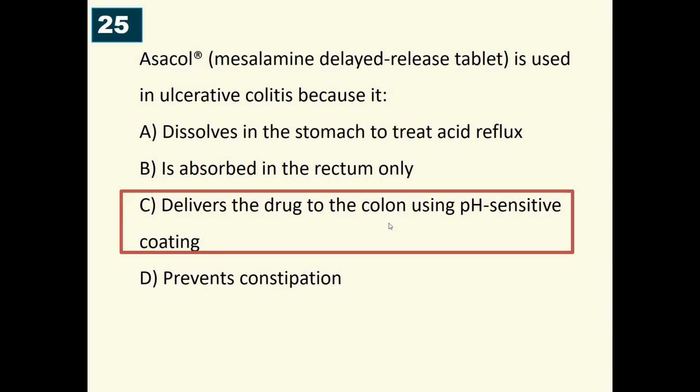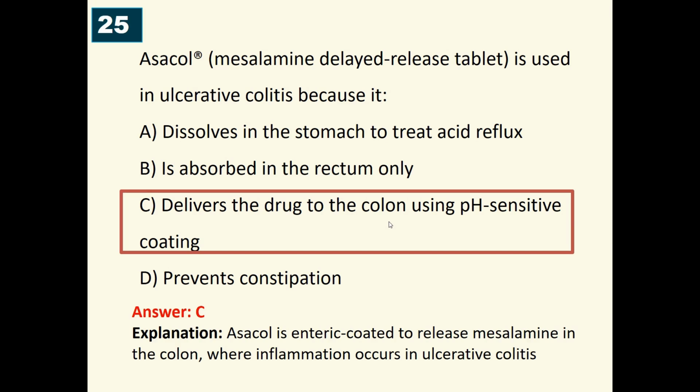The correct answer is it delivers the drug to the colon using a pH sensitive coating, because the colon is more basic, so it delivers the drug right there. Asacol is an enteric coated release mesalamine, and it is used as an anti-inflammatory drug for ulcerative colitis.